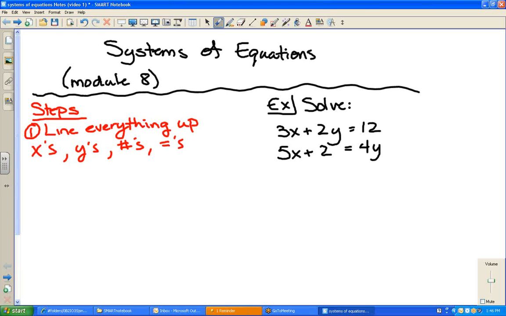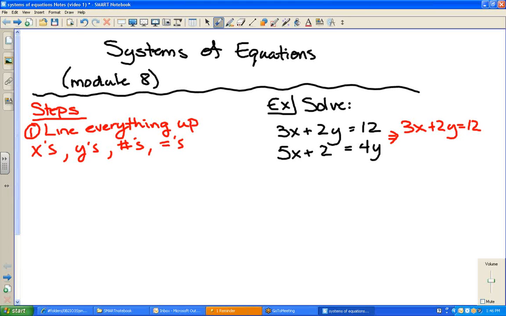Lining everything up. So I usually tend to keep the first one exactly the way it is, and then I just move things in the second one to make it match just because it's a little easier space-wise. So let's keep it 3x plus 2y equals 12. And then the bottom one, the 5x is in a great spot, but I need to switch that 4y and the 2.